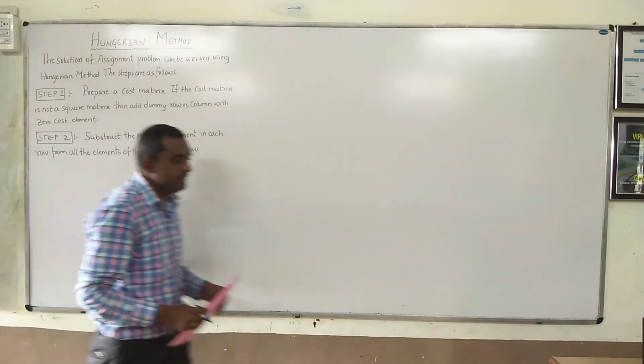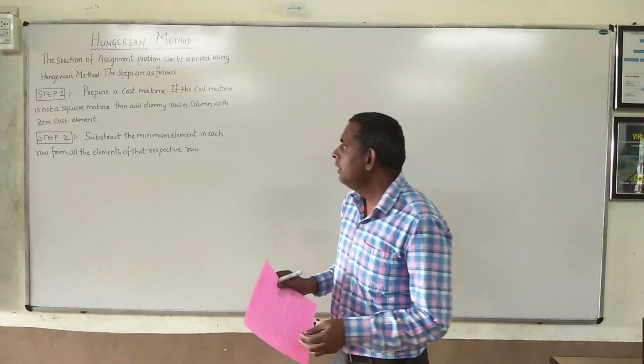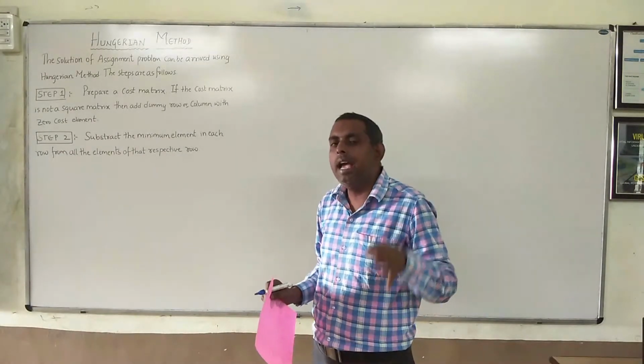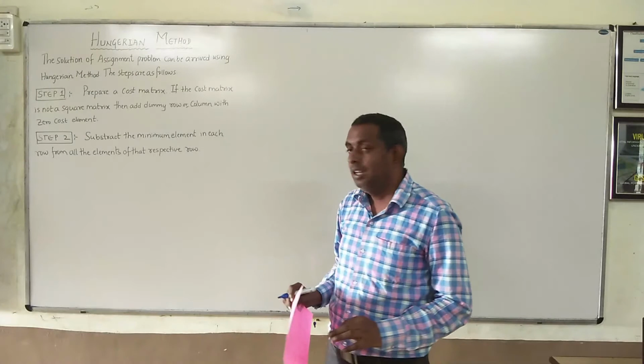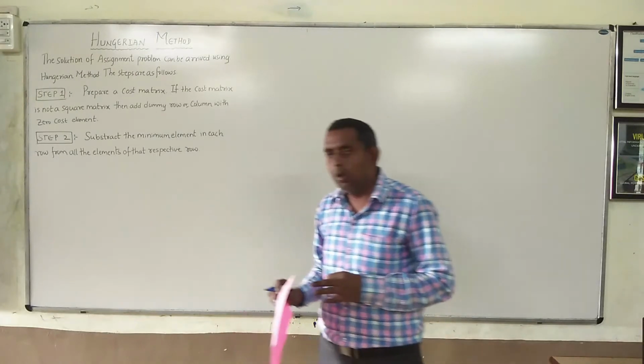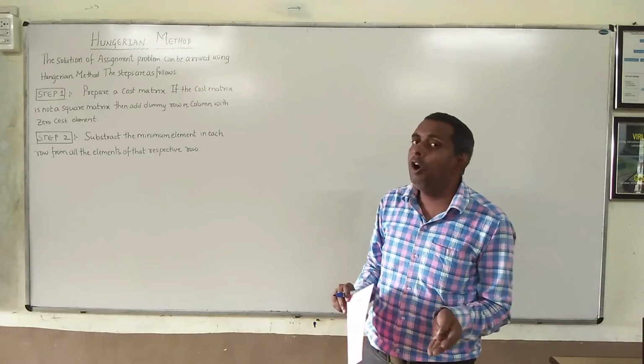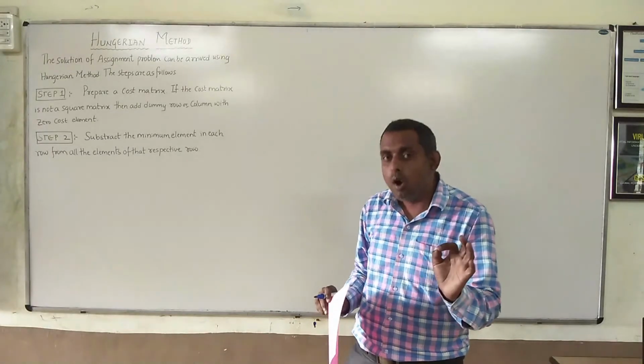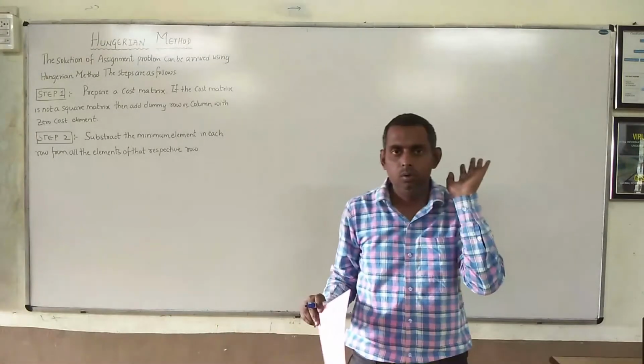Fine. What is the second step here? Subtract the minimum element in each row from all other elements of that particular row.